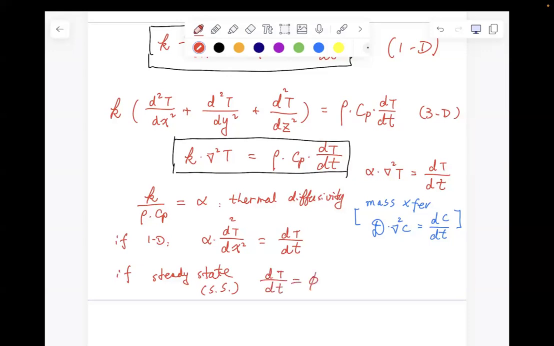Steady state means a change with respect to time equal to 0. And this makes the equation simplified as this. So I'm going to box this guy as well, which is a steady state conduction equation here.